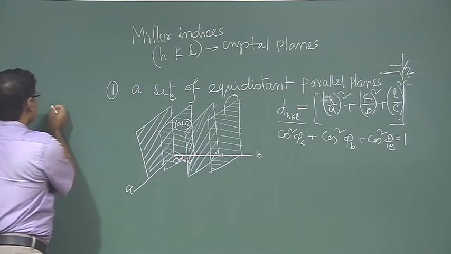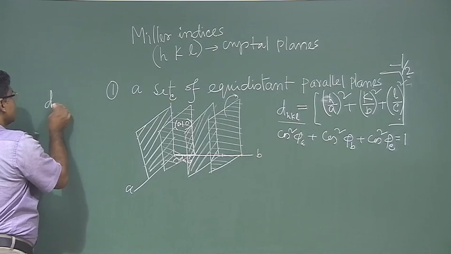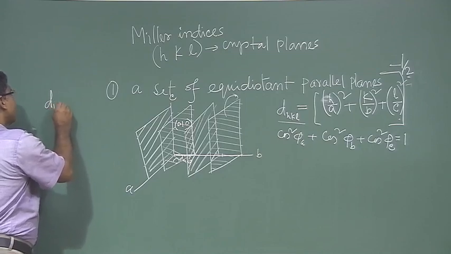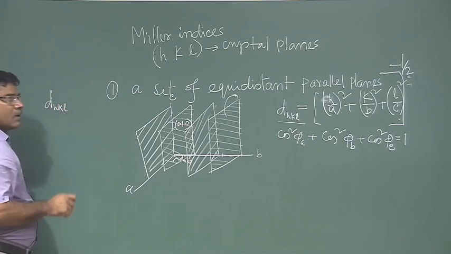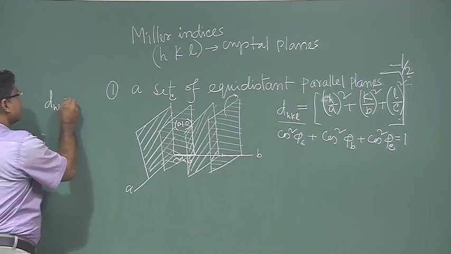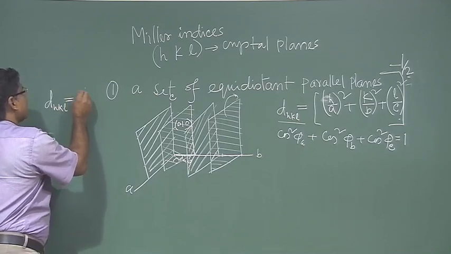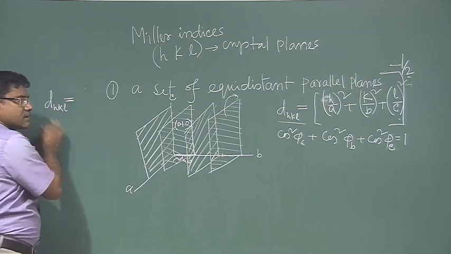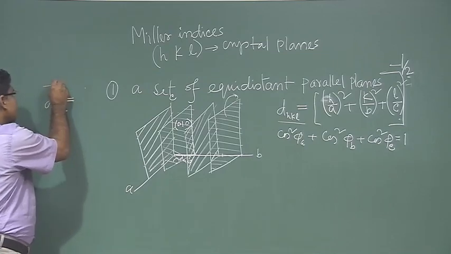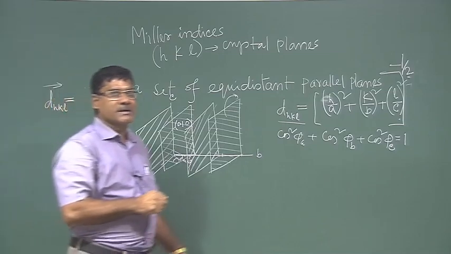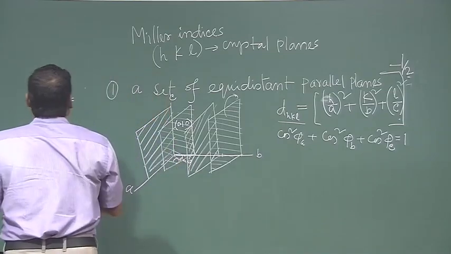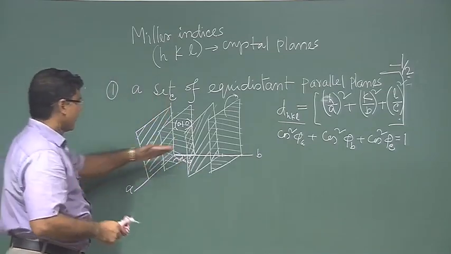Now if the normal is d h k l, we have seen the angle between the normal direction and the a axis.